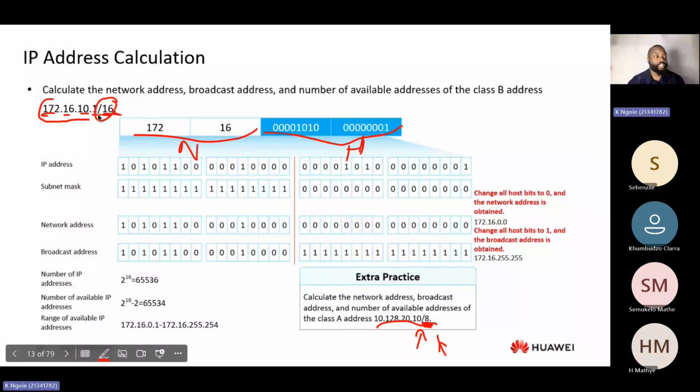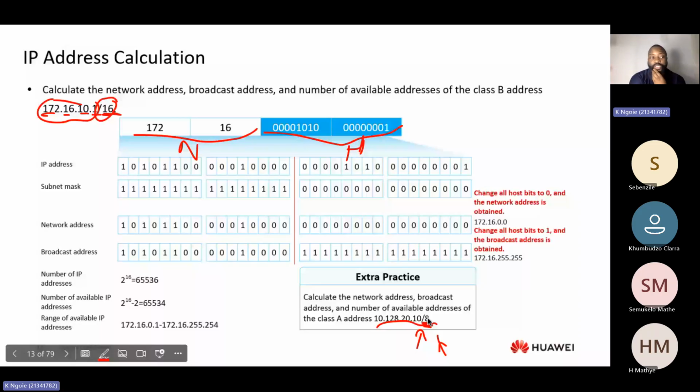If you have to put it in binary, in this case this prefix tells you that 16 bits will be occupied by the network. In this case, they tell you that 8 bits will be occupied by the network.